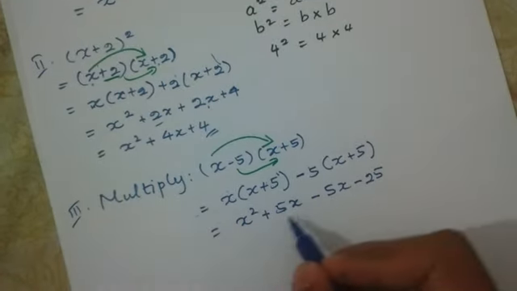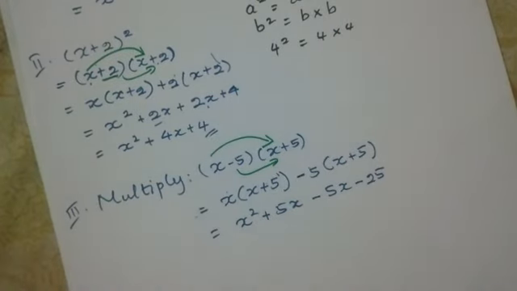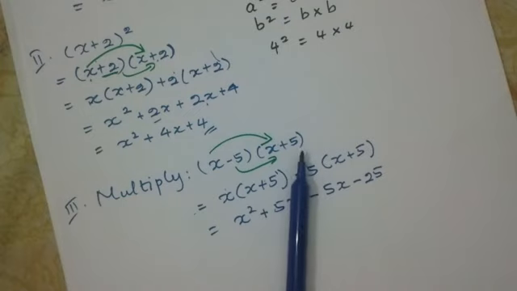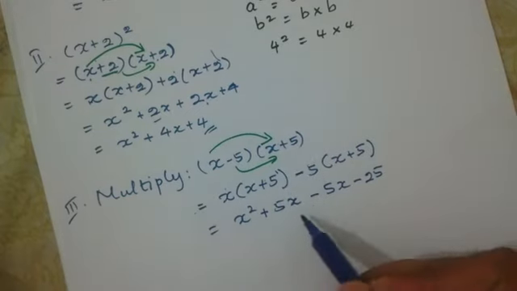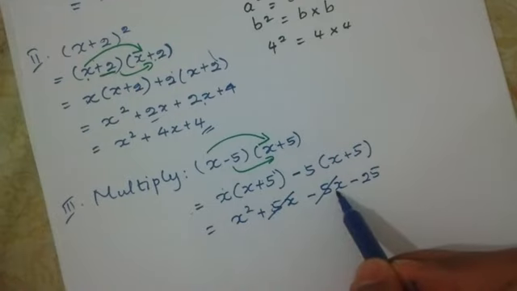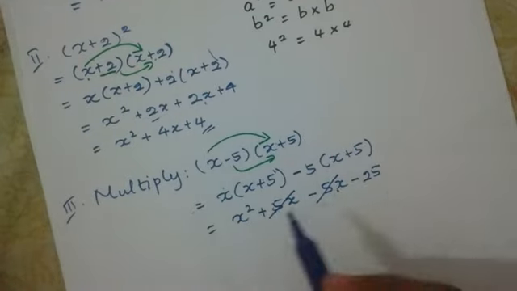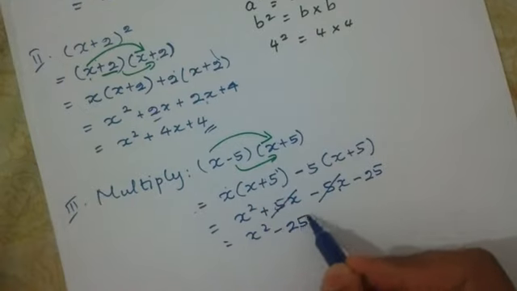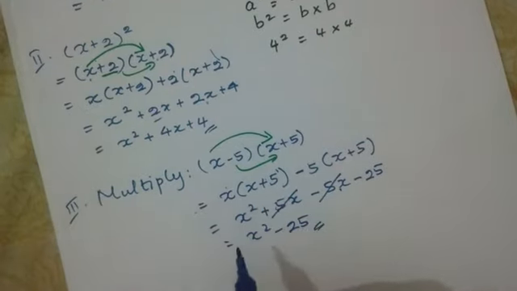These are like terms, but there is a positive 5x and a negative 5x, so you cancel them off. Positive 5x and negative 5x cancel off. So that's x squared minus 25. We got the answer, and that's simple.